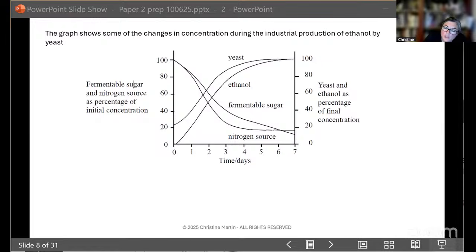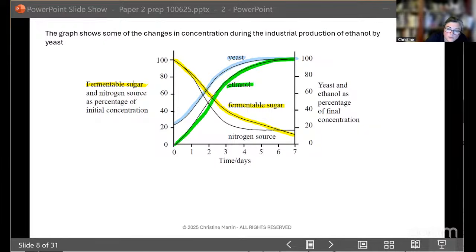Okay, so looking at this, one thing I would say to you is make sure when you are doing this that you actually look at color coordinating. Fermentable sugar. Then you've got your yeast cells. Then you've got your ethanol.